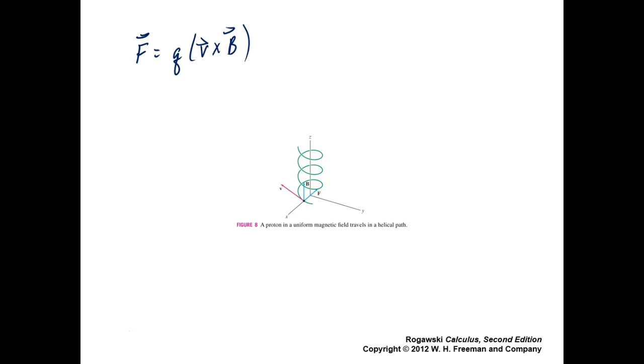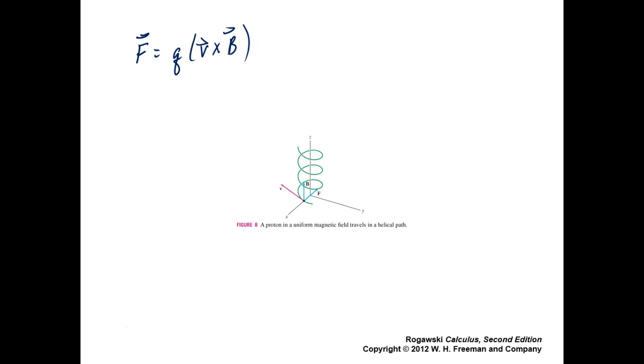That's what gives it this helical path. Because the force is in that direction, it pulls the velocity in that direction, and as it pulls it, the force moves too, and it keeps it moving in that helical path, going up.